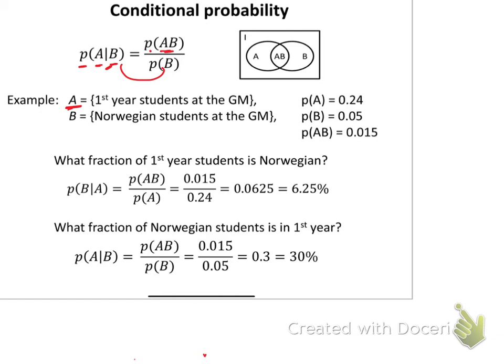They did not list the elements, just gave us the description. And set B, the Norwegian students at general medicine.